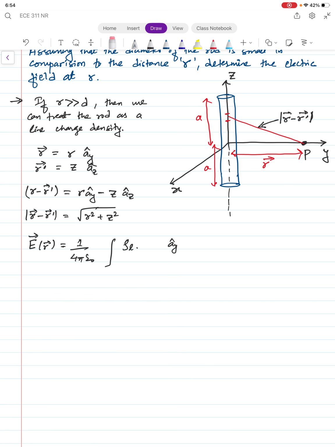This is r a_y minus y a_y, divided by the magnitude of r minus r prime cubed.